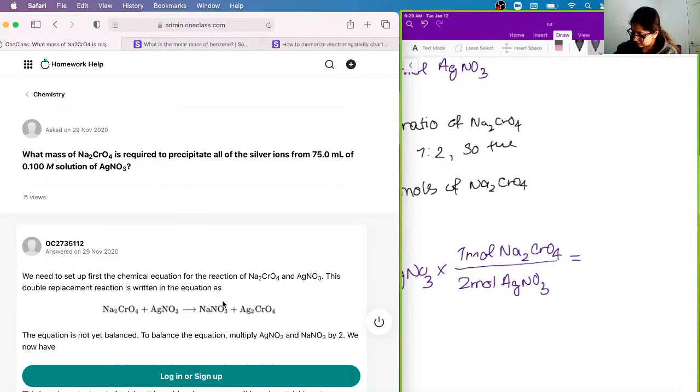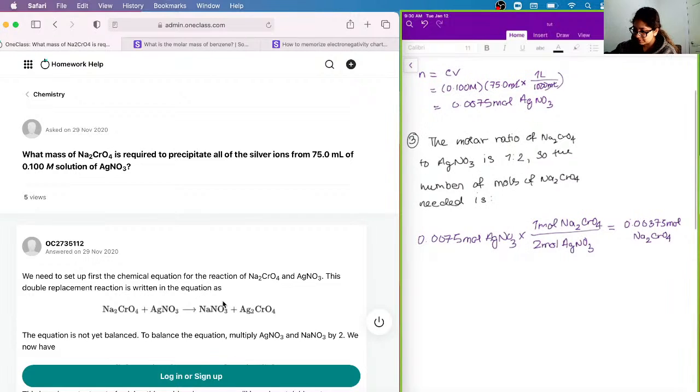And so this is equal, we just divide the moles by 2, and you get 0.00375 moles of Na2CrO4. Okay, so we just found the moles for sodium chromate.